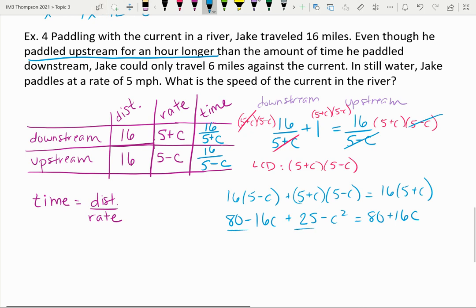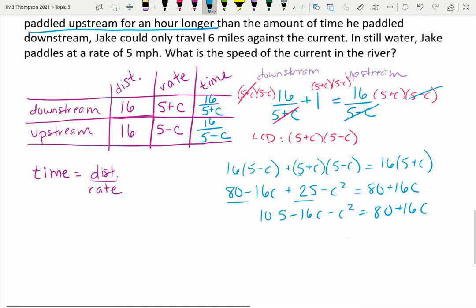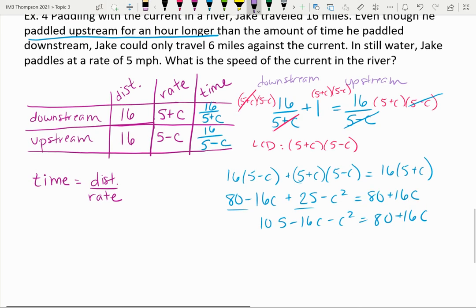So let's see, I've got 80 and 25. A lot of movement going on.